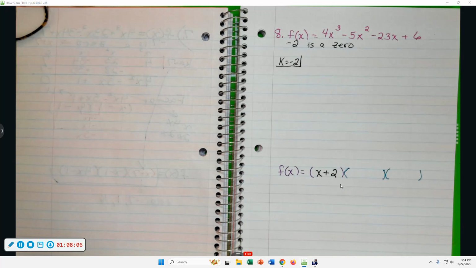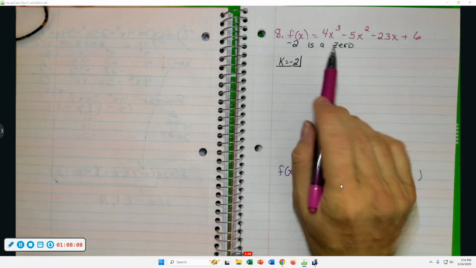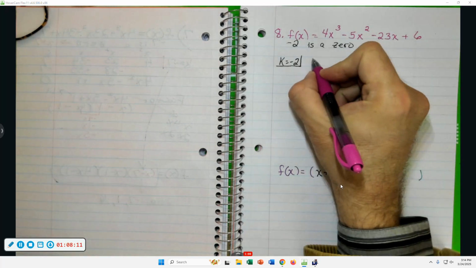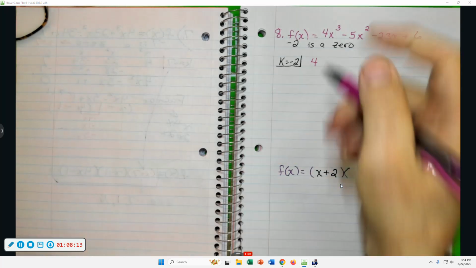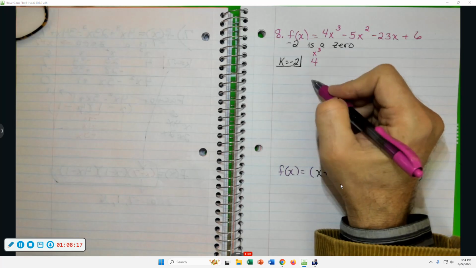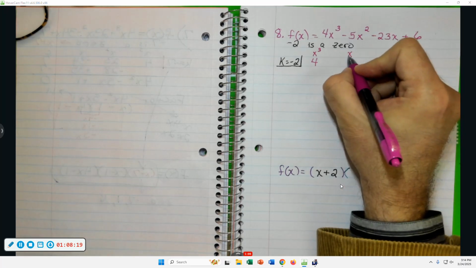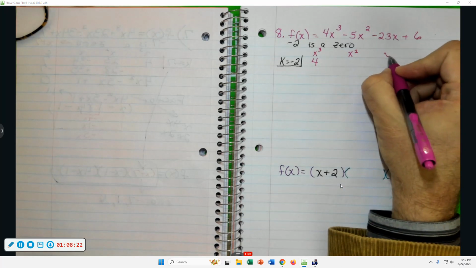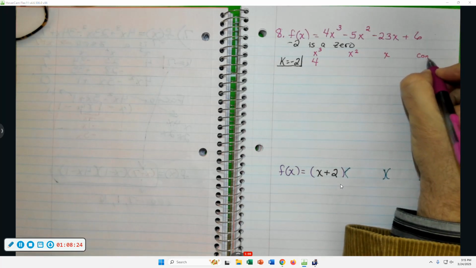Okay, so let's set up the synthetic division. Oh, I forgot to do my labels. Column headings: x cubed, x squared, x, constant.